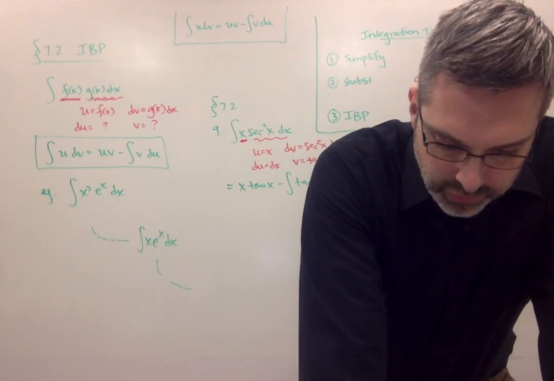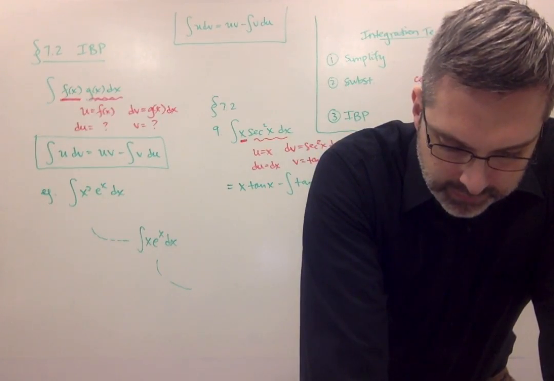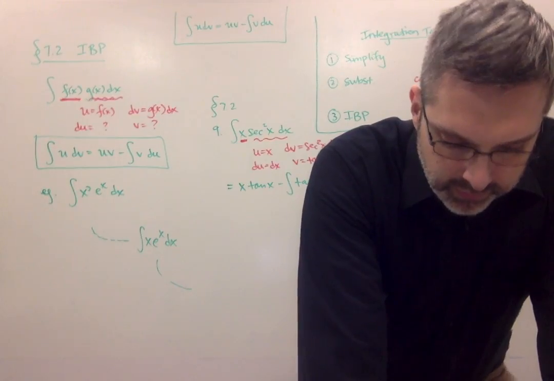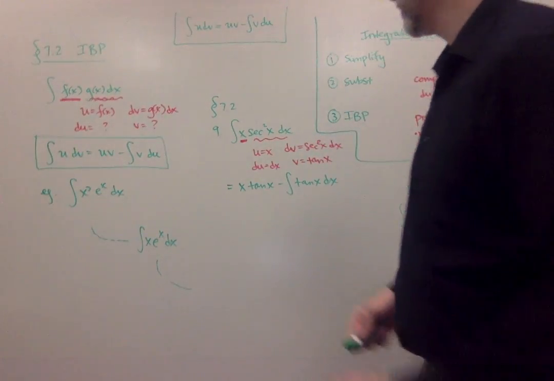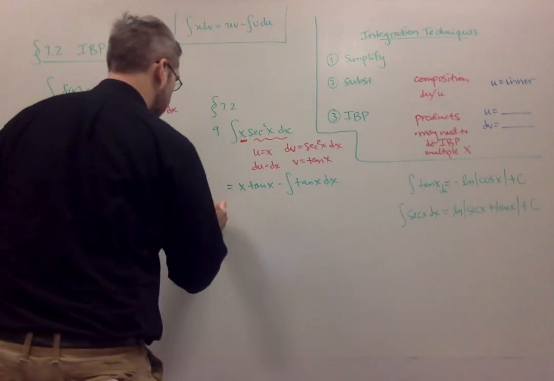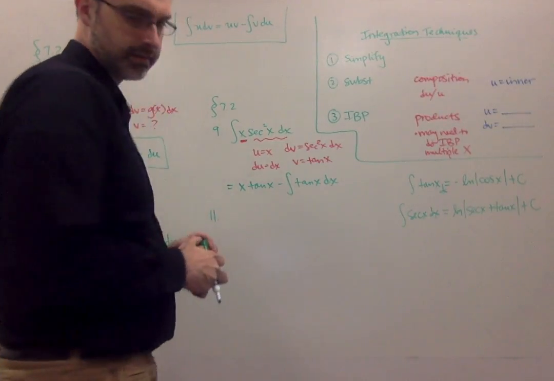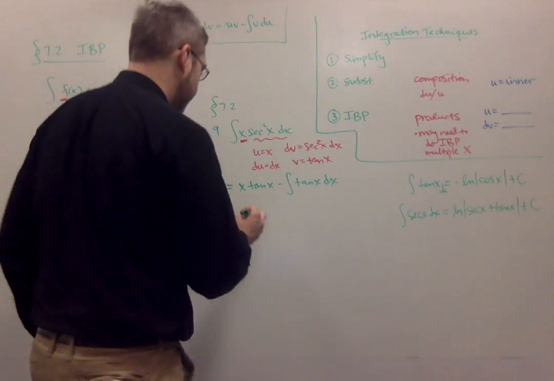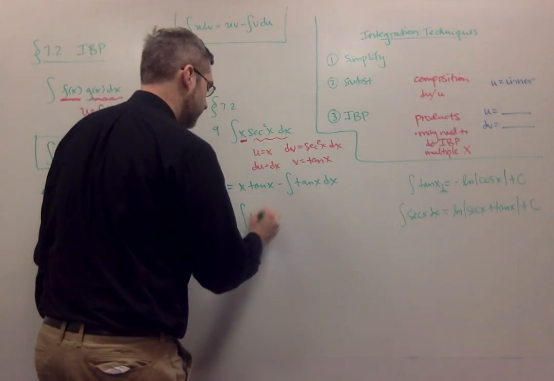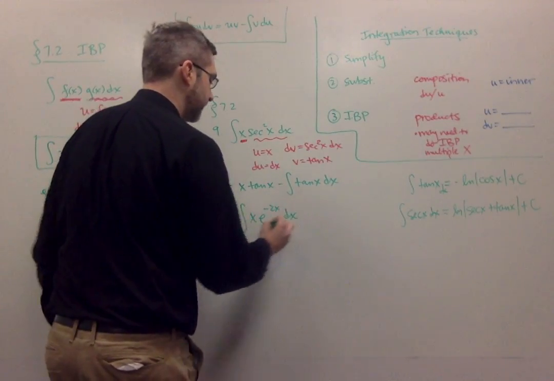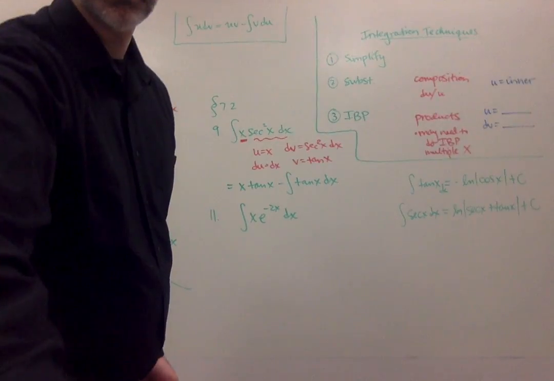Okay. Just to do maybe one more, let's take a look at number 11 on the homework, just so I can check to make sure that you're following, and I want to say something about this.